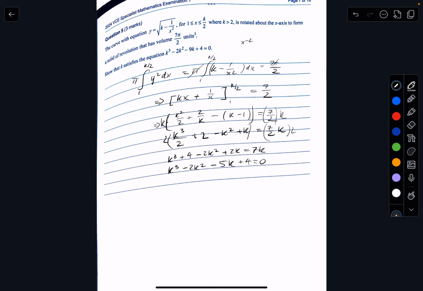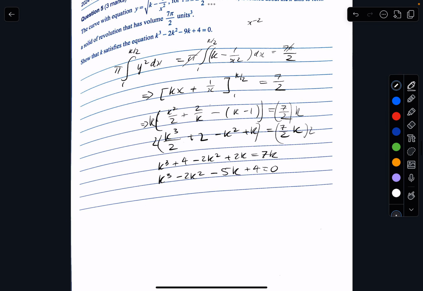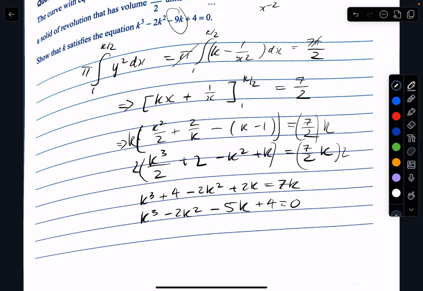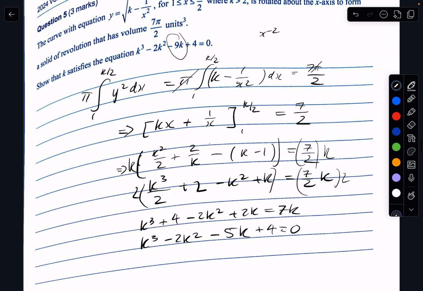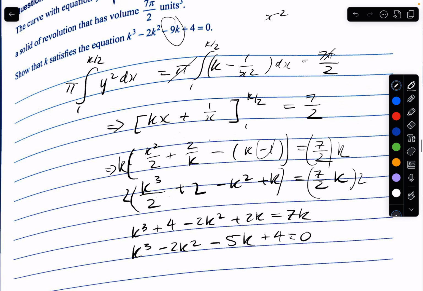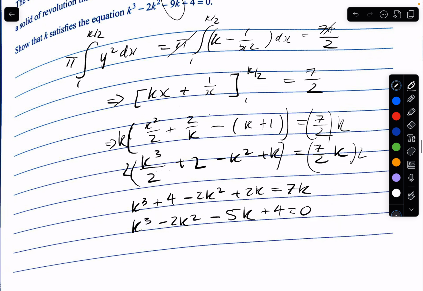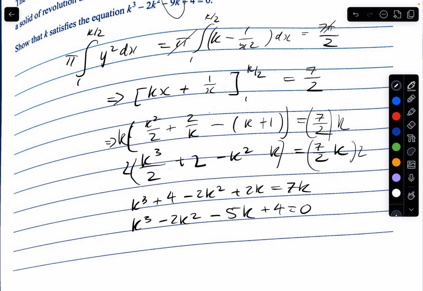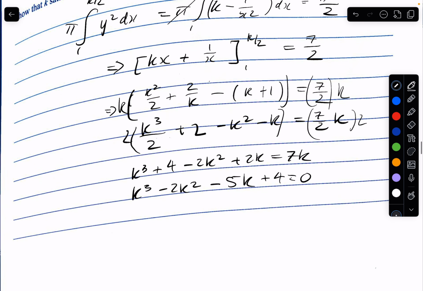So where's my mistake? So just this part here. Why did I say minus 1? It's plus 1. So it'll be minus k. And then minus 2k. And then that will be negative 9k.